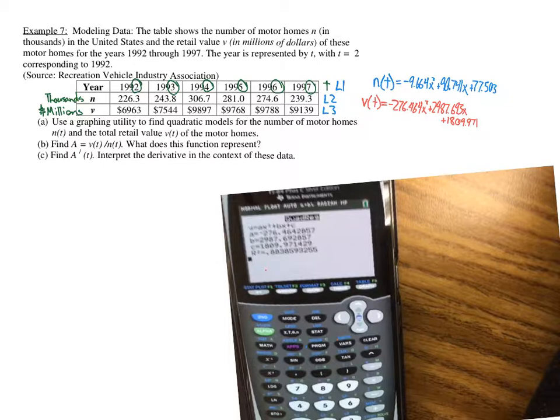So maybe they were more popular at one time and then they were losing popularity, so their values were decreasing. And you could kind of identify when the ideal time was or the most popular time was or whatever. Okay? So that's it for number 7.